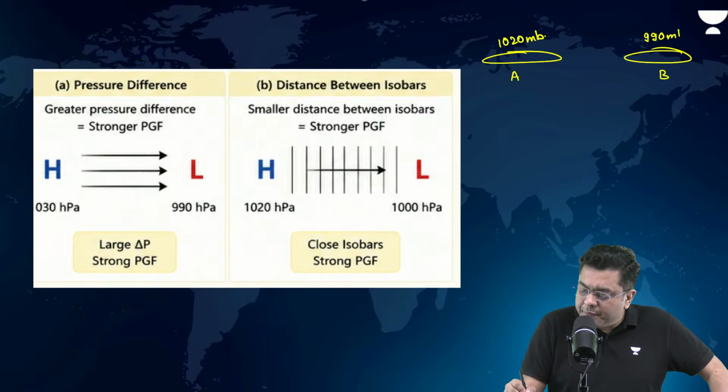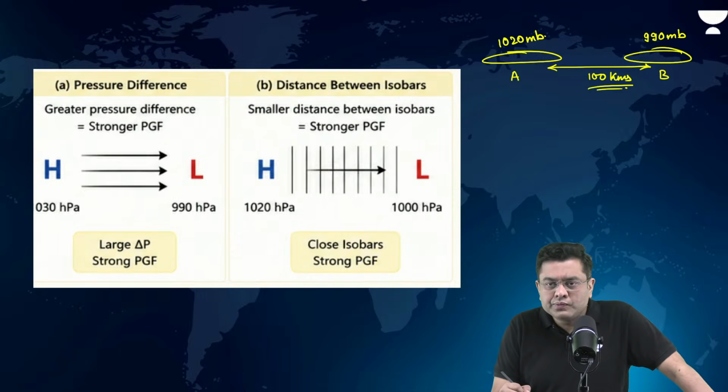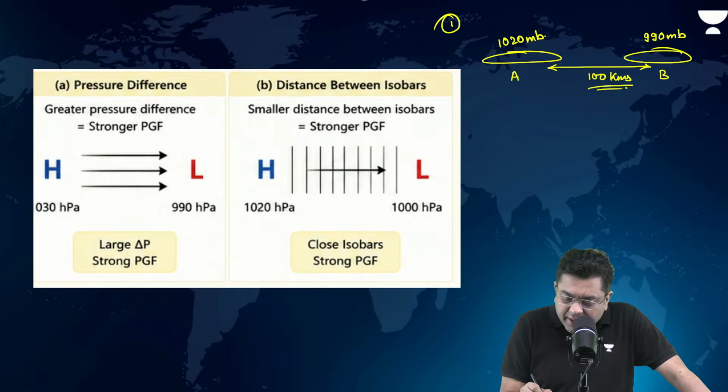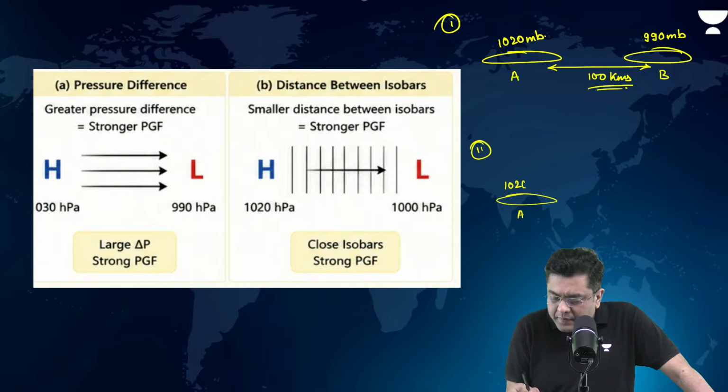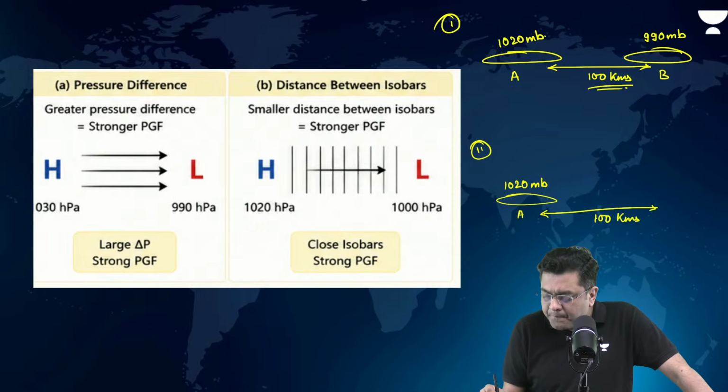Let's suppose the distance between them is 100 kilometers. This is the first scenario. Then I give you another scenario. A, 1020 millibar at a distance of 100 kilometers. I have B, which is at basically 1010 millibar.